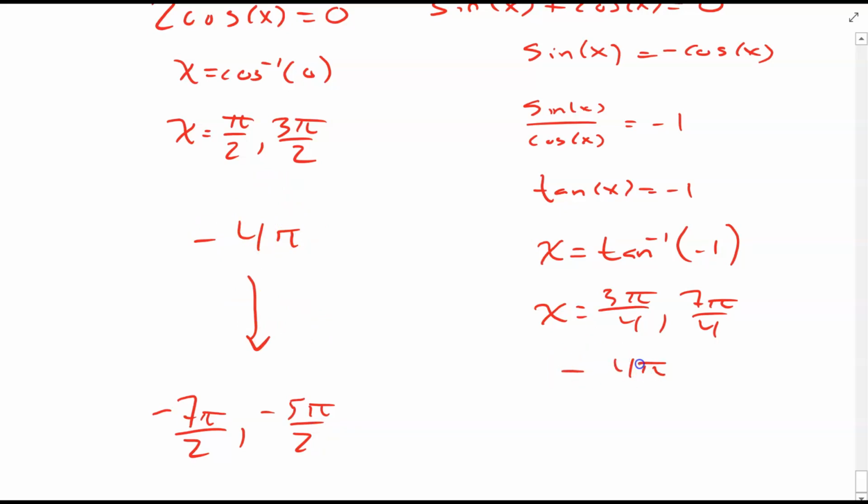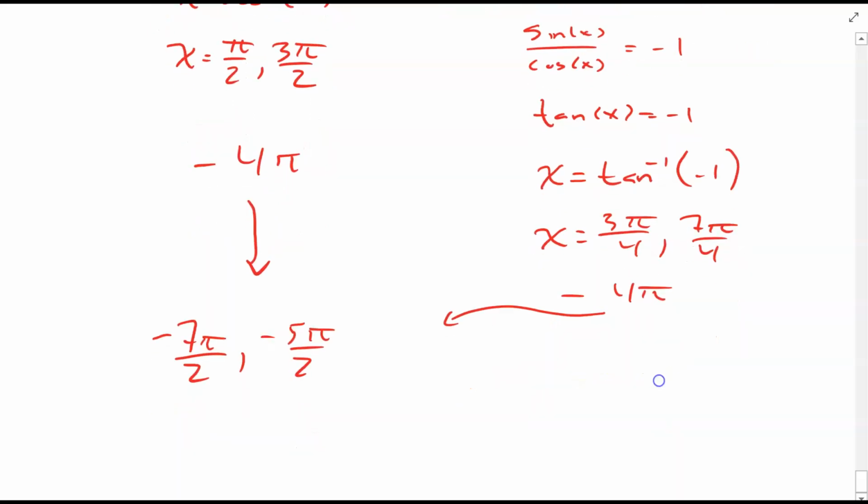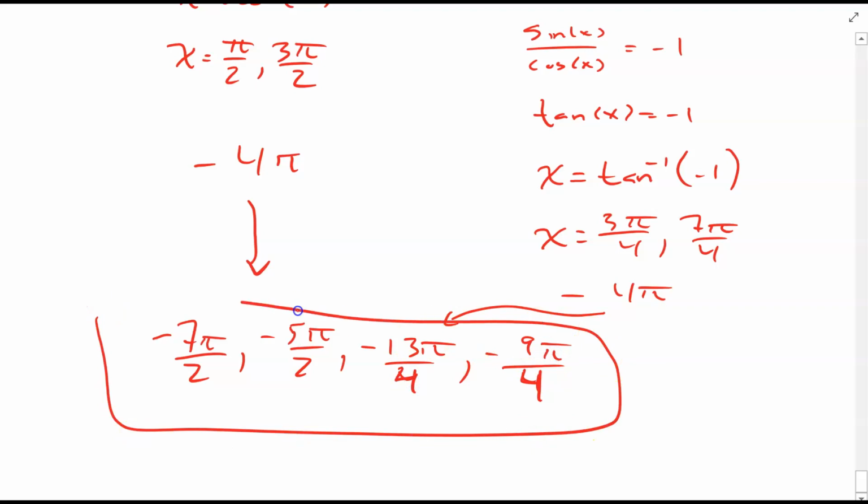And then same thing here, except when I subtract 4 pi, that's really like 16 pi over 4. Oops. Right. So those should be my answers, right? Yeah.